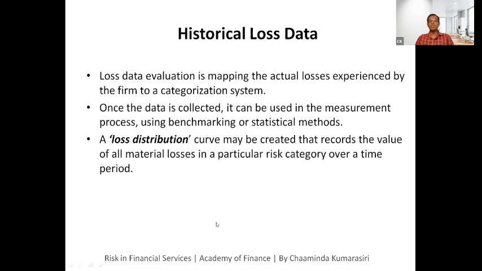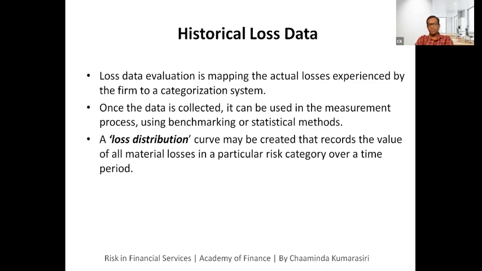Then we have historical loss data, right? Historical loss data. So how do you get historical loss data? Here what happens is you collect the losses that took place previously in the past periods and you categorize them.